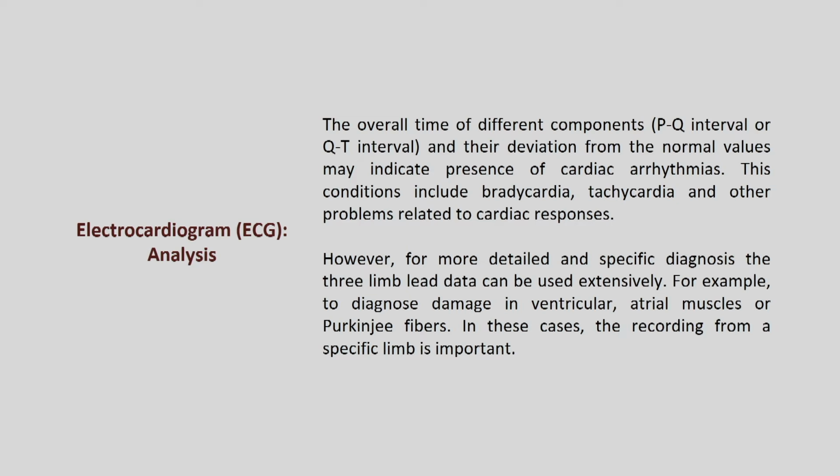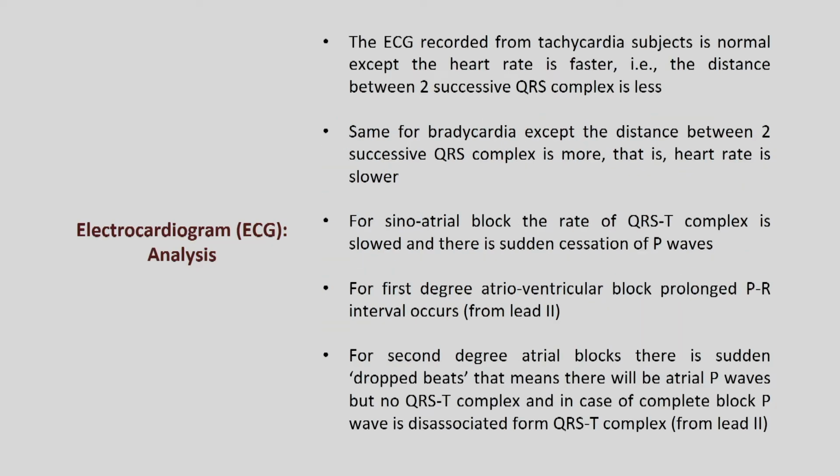However, for a more detailed and specific diagnosis, the 3 lead data, lead 1, lead 2, lead 3, we should read separately, and each lead can give a different aspect of your ECG recording. So, if you find some problem or discrepancy in the normal one, you will read it separately and then find out what the actual problem is.